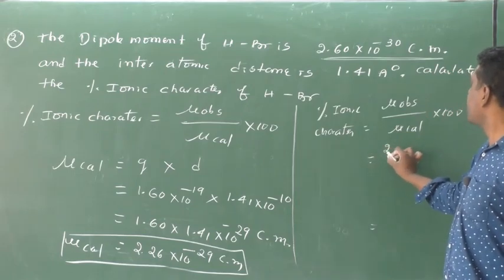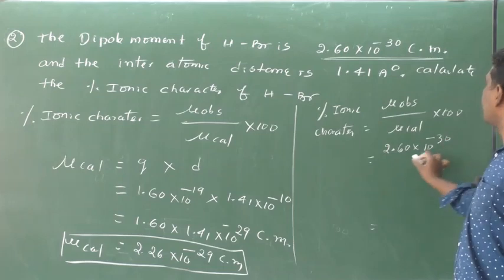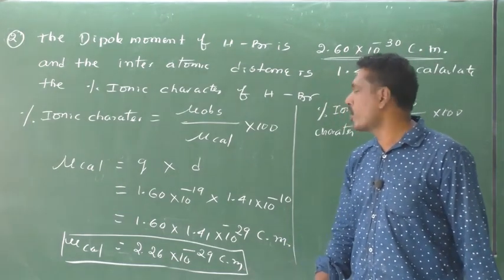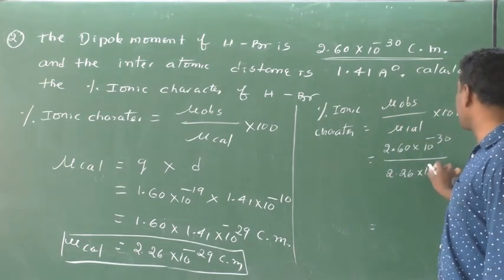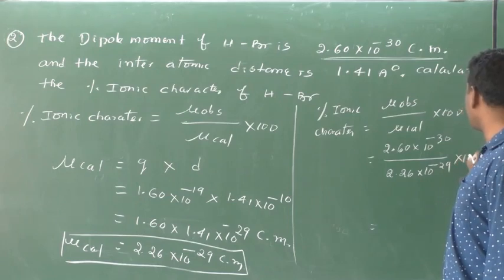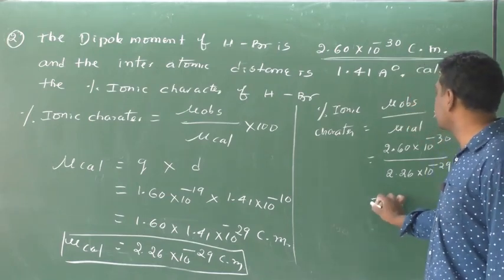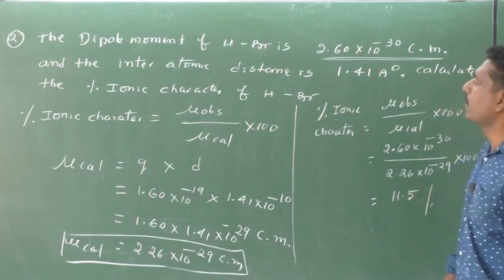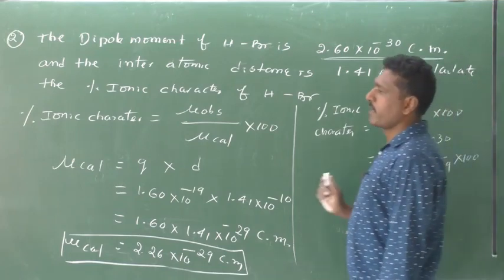Therefore mu observed value is 2.60 into 10 power minus 30 by mu calculated 2.26 into 10 power minus 29 into 100. So this value we get approximately 11.5% of ionic character. So this is the way to find the percentage ionic character.